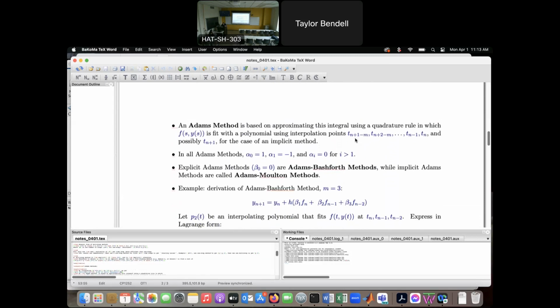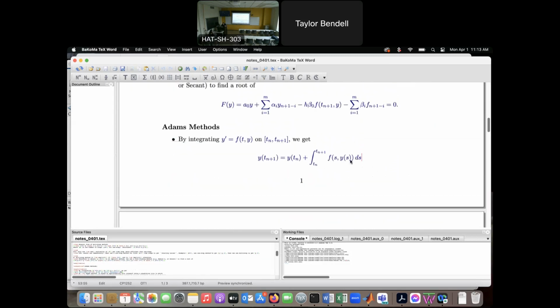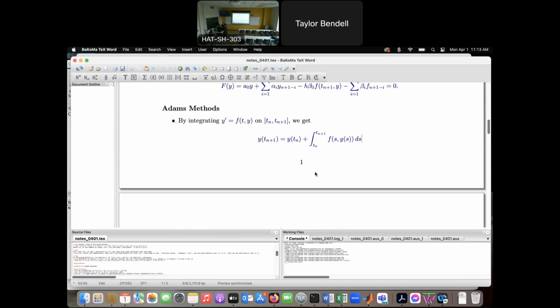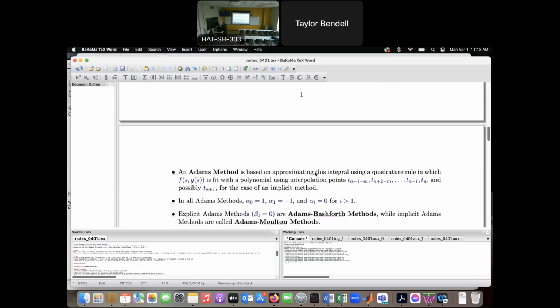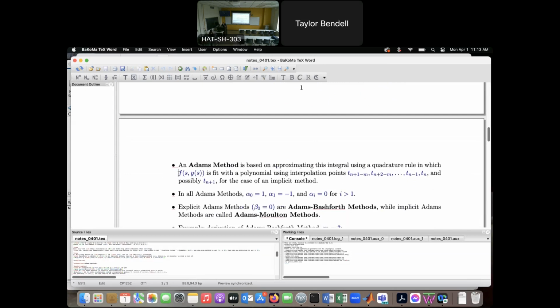Since this integral is with respect to s, and s is playing the role of the time variable going from Tn to Tn plus 1, I use a quadrature rule using various time values. Another way of looking at it is I'm approximating this function, f of s, y of s, with a polynomial, and I use these interpolation points: Tn, Tn minus 1, Tn minus 2, and so forth, as far back as I want to go.